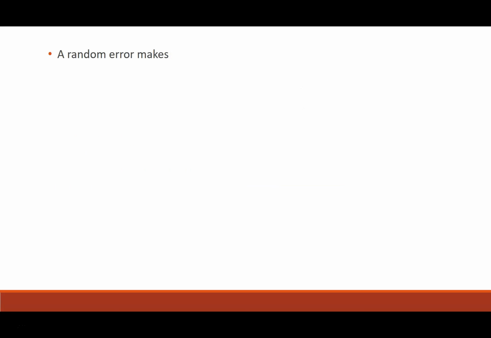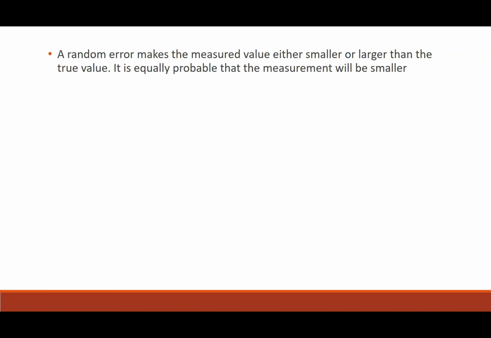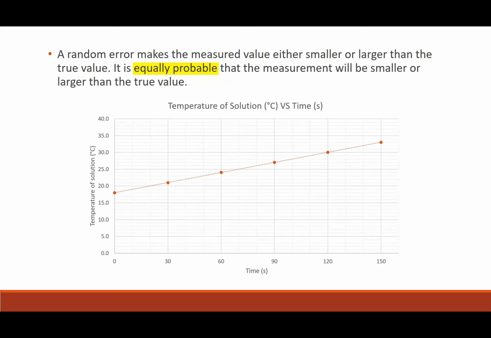A random error makes the measured value either smaller or larger than the true value. The probability of the measurement being smaller or larger than the true value is equal. So if the red line on this graph represents the true values, then the measured values in one trial may look like this.